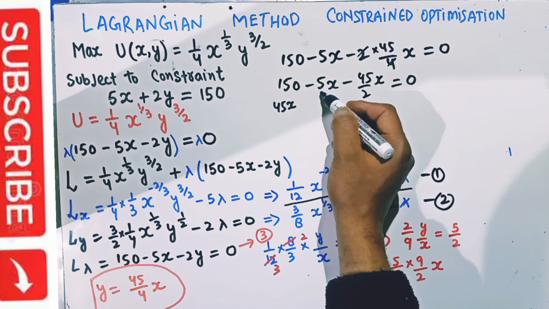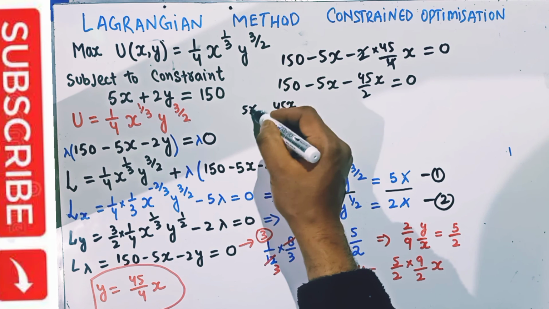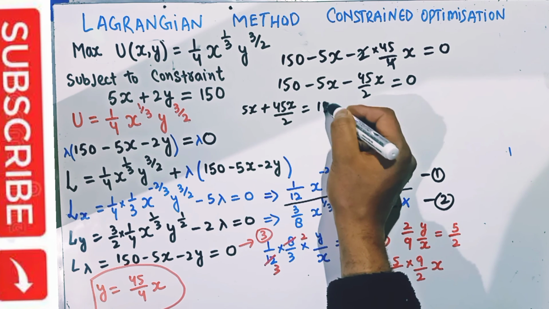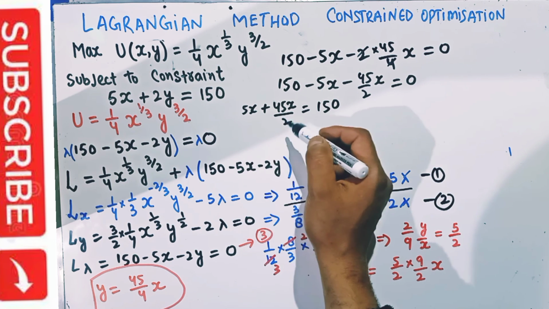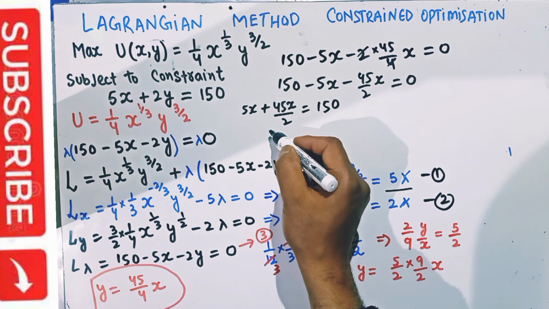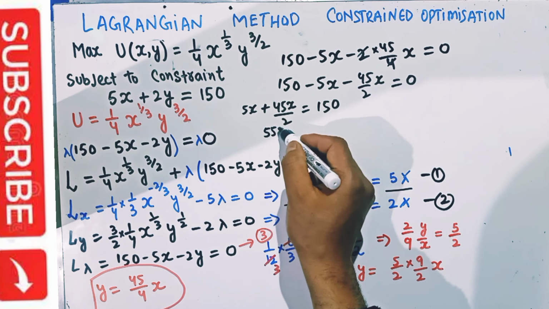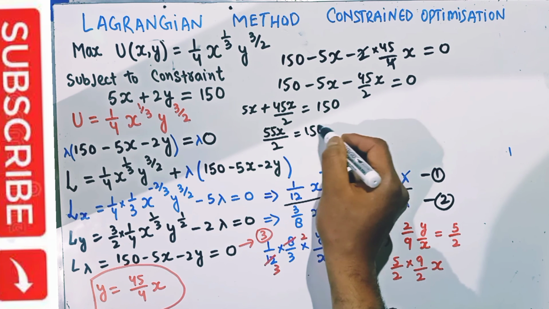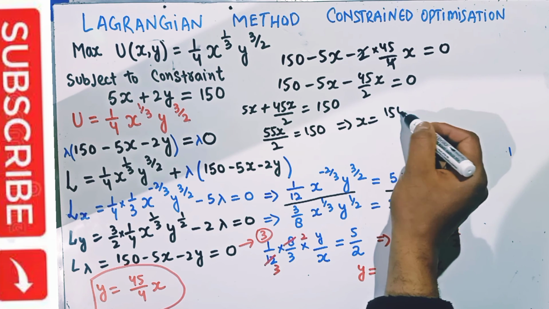Let's first write this transposing these terms here. So we will get 5x plus 45x divided by 2 is equal to 150. Solving this, 2 fives are 10, so 10 plus 45 is, I guess it's 55. 55x upon 2 is equal to 150, which implies x will be equal to 150.